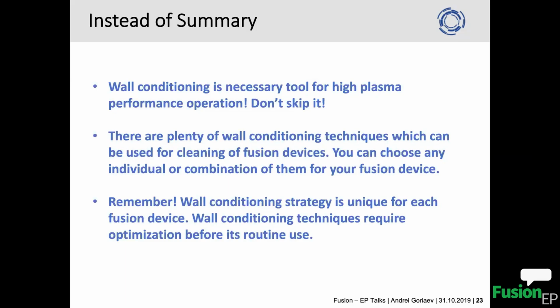And since W7-X is not operational now because it's under upgrade, we cannot just request some time for glow discharge studies, so we should study glow discharge in some other devices in similar conditions. Yes, thank you.